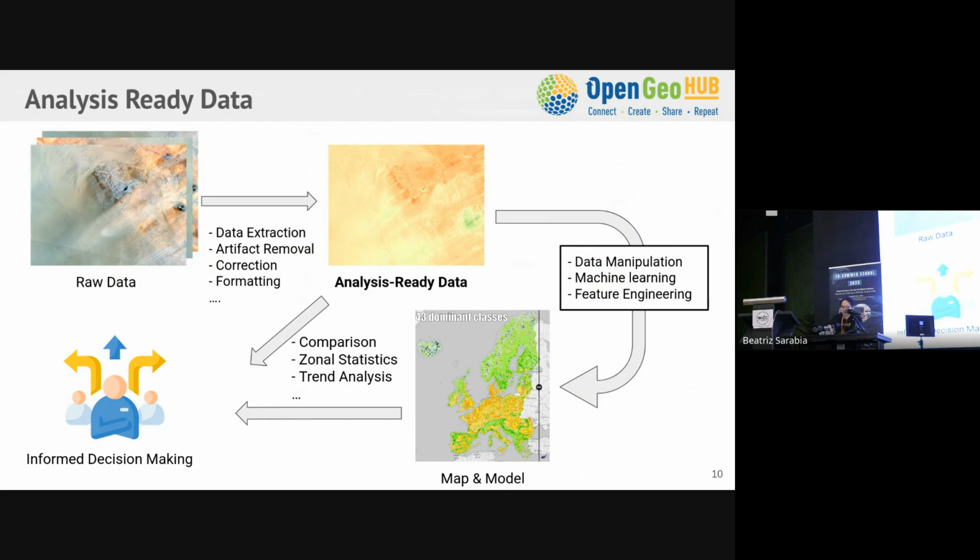That is the whole idea of analysis ready data. We get the raw data, and the EO scientists find a way to improve the data quality. With analysis ready data, you can build another machine learning model or do feature engineering to get an extra layer, or you can directly use it for comparing statistics, trend analysis, and to inform decision making. This is the point where we came up with the idea of analysis ready data.